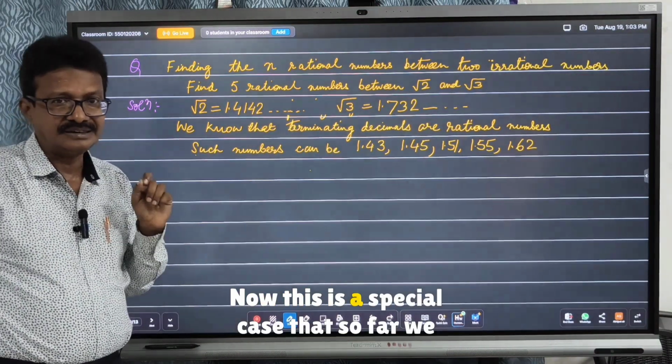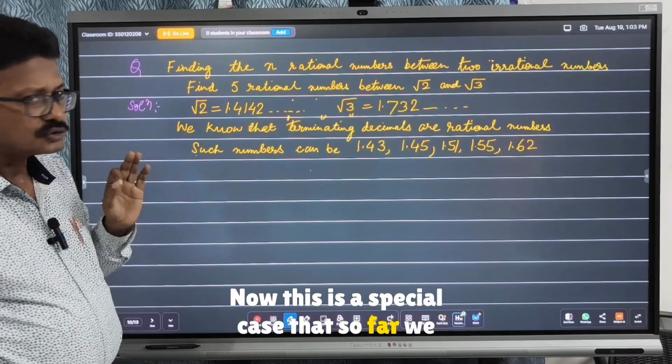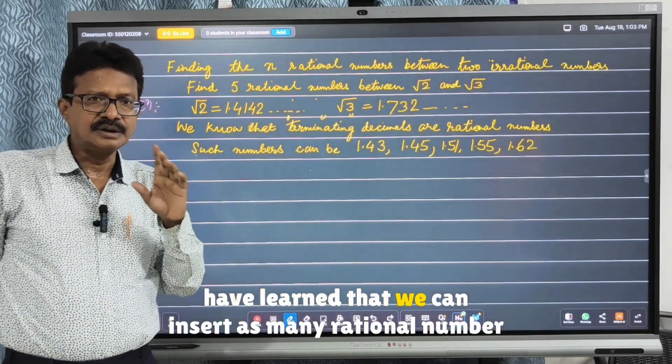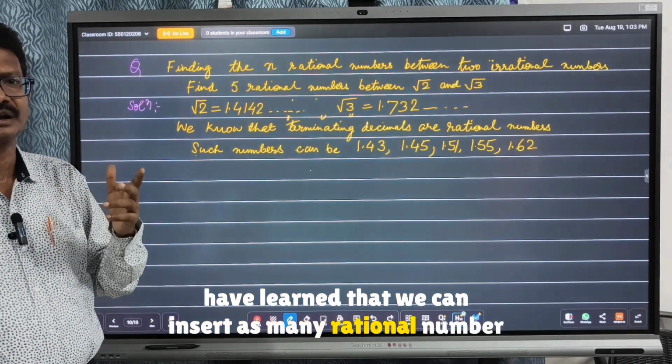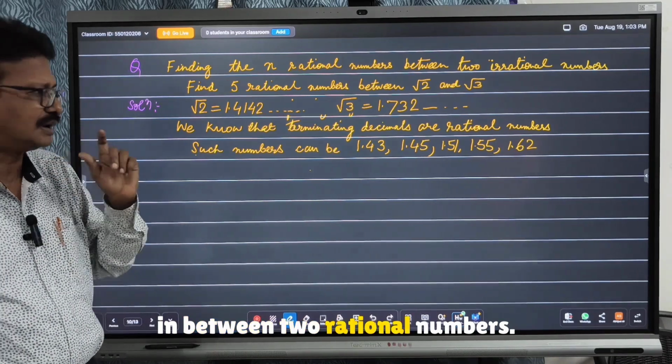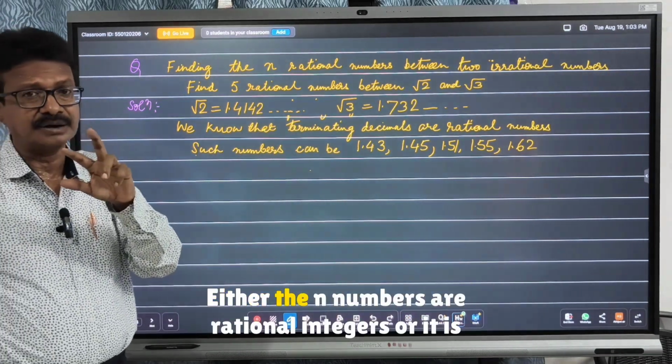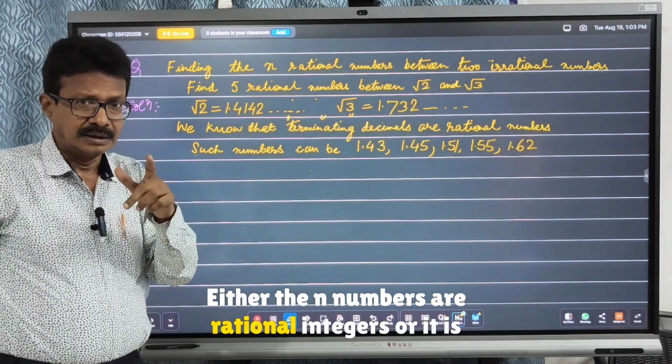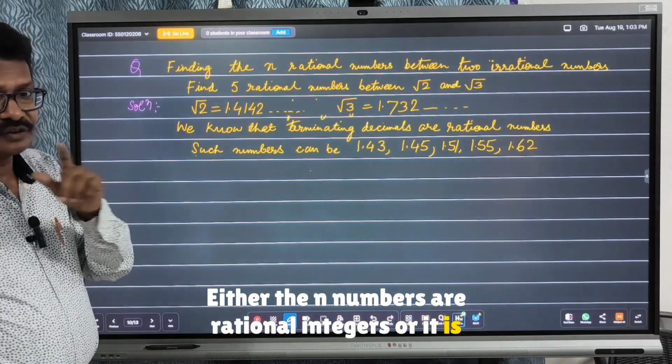Now there is a special case. So far we have learned that we can insert as many rational numbers in between two rational numbers, either the end numbers are integers or fractions.